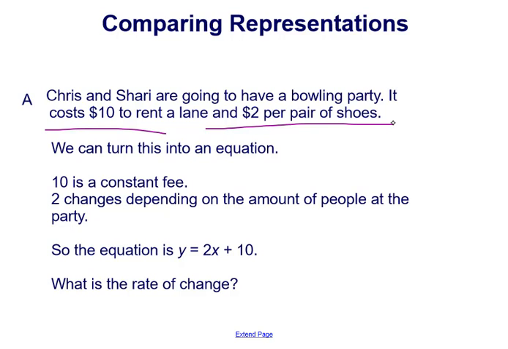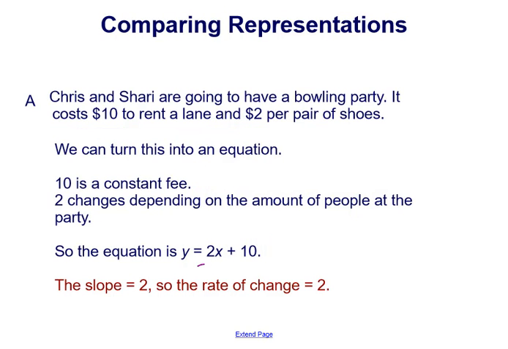So the equation is going to be y equals 2x plus 10 from y equals mx plus b, where a constant amount is going to be b and the changing amount is going to be m. So what is the rate of change? Now that it's in that form, we can see it's the coefficient of x. We can see that the slope is equal to 2, so the rate of change is equal to 2 for that first function A.